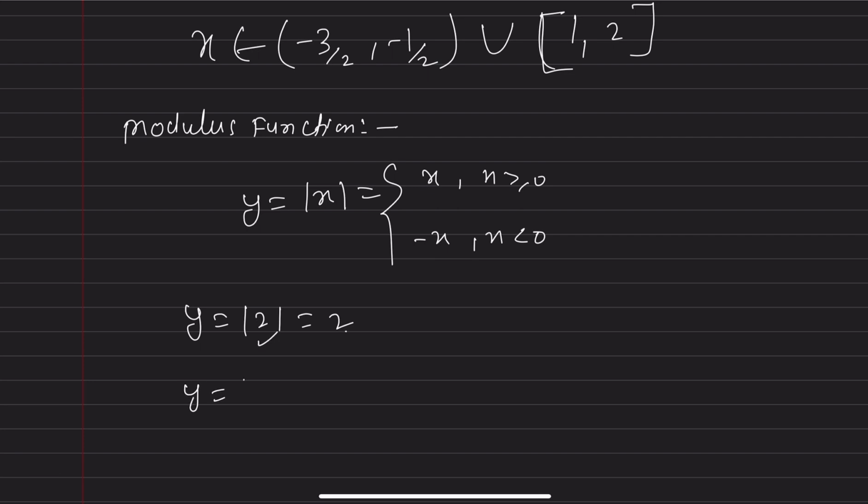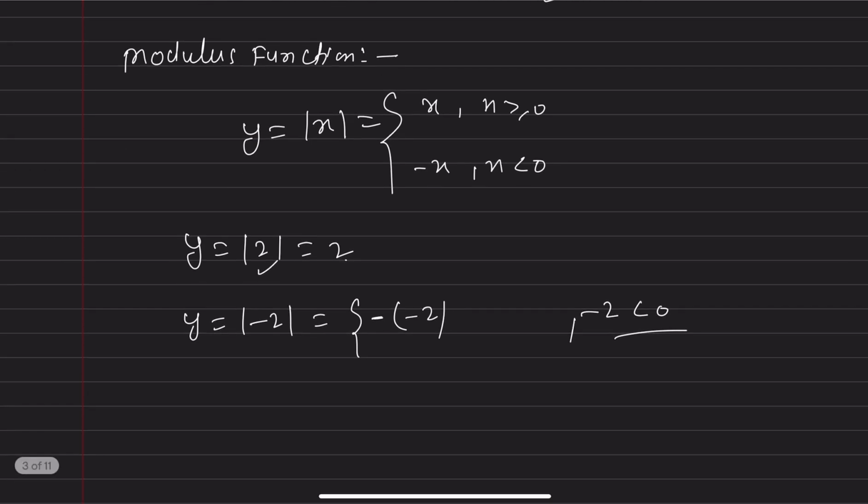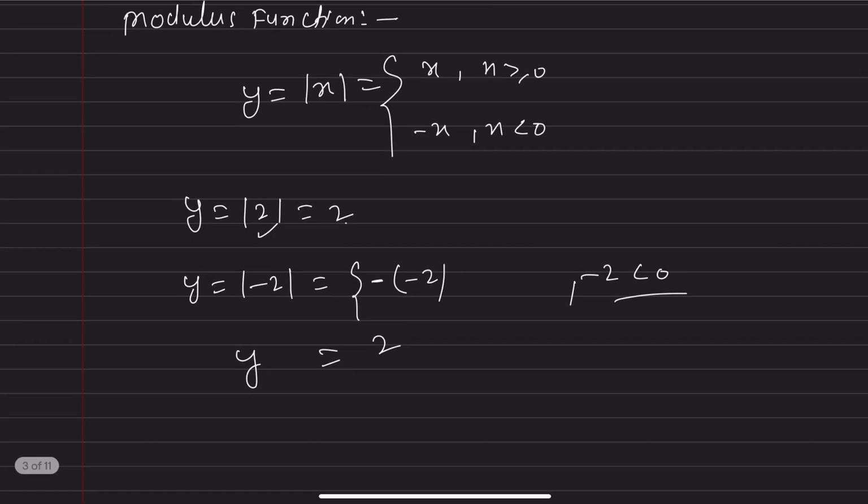If I consider y equal to negative 2, you can see that here I have to write down negative of negative 2, since minus 2 is less than 0. So it gives you 2, y equal to 2. So it will always give you a positive value, but you should know how to get this value.